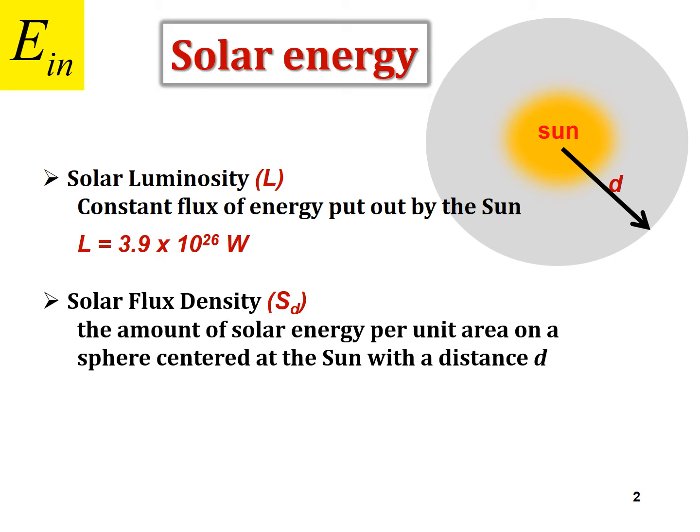Just on that sphere with radius d, per unit area, how much solar energy passes over per second. That's easy. Just use L, the total energy, divided by the sphere area. So that's per unit area.